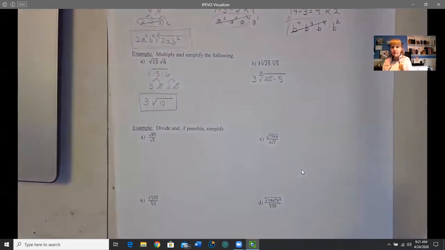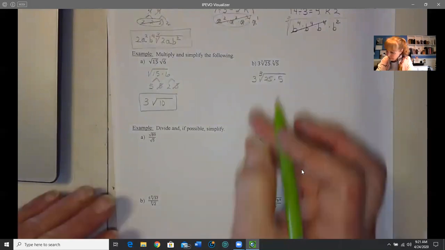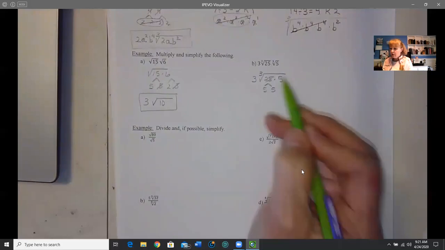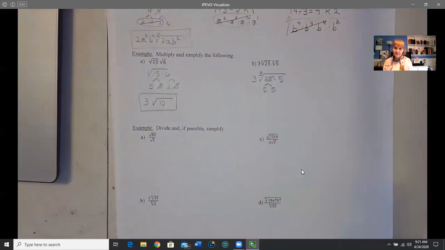Keep breaking them down. We're looking for 3 of something. Well, it looks like we have 3 5s. Now, what I'm going to do is those 3 5s are going to come out. And whenever they come out, they multiply with what's already out there.